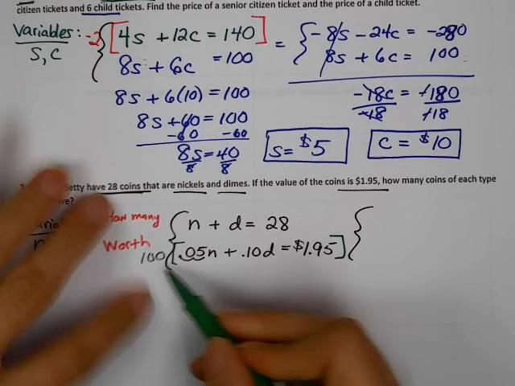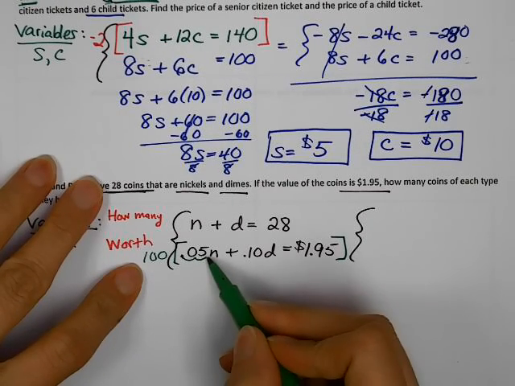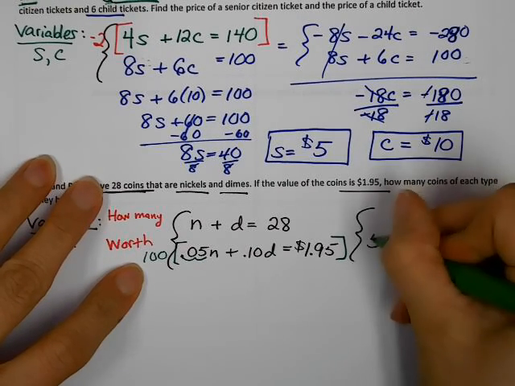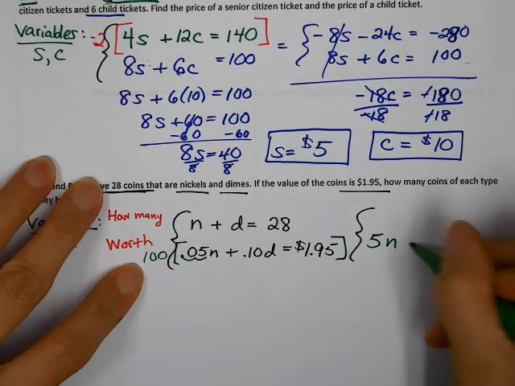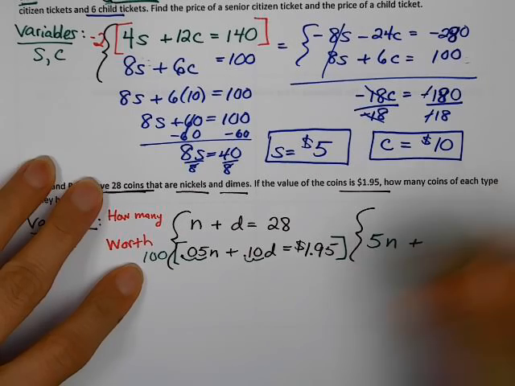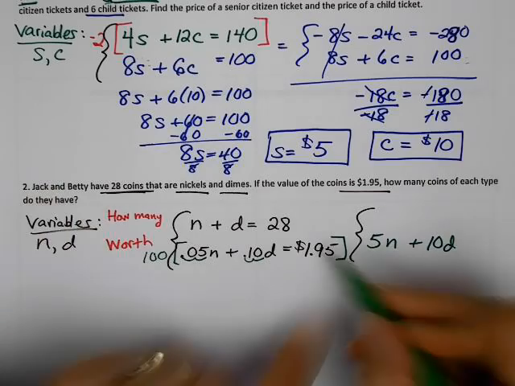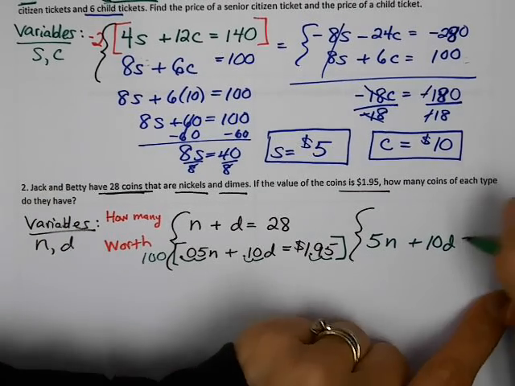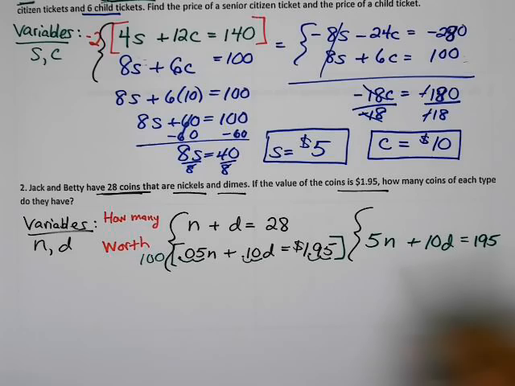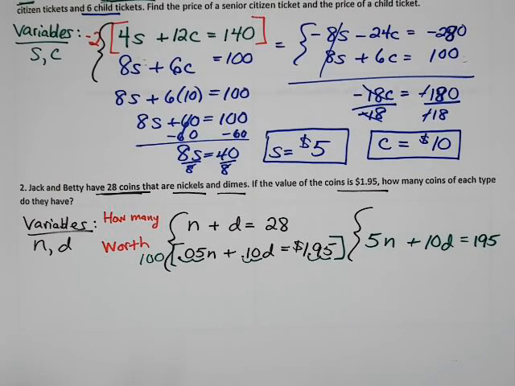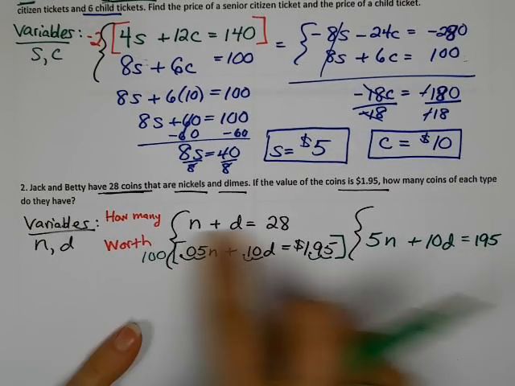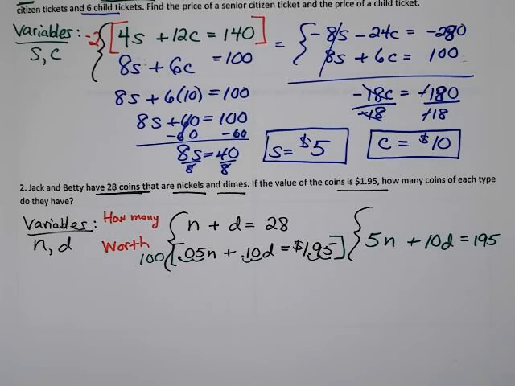What I'm saying is 5 cents for every nickel, and if I multiply this by 100, that's 10 cents for every dime, and 195 cents. The numbers are just a little easier. You don't have to do this. You can multiply here by a decimal, or we could always do substitution.